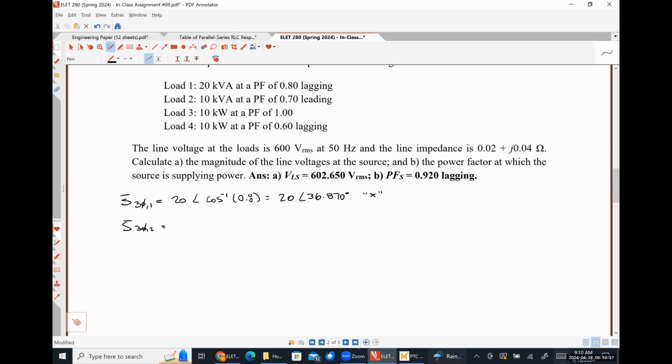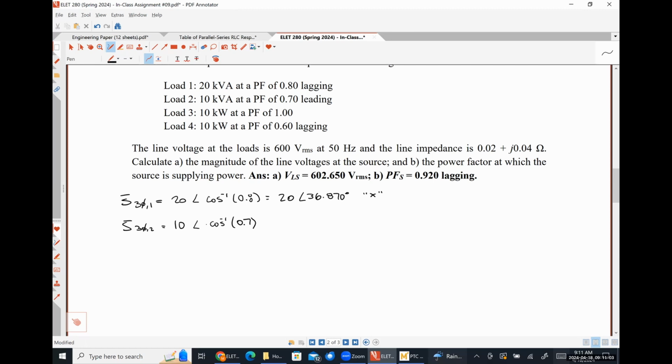How do I find the complex power absorbed by load 2? Same way. There's a little bit of a hiccup here, but we'll sort that out in a moment. So 10 angle inverse cosine of 0.7. How do I take into account that the power factor of load 2 is leading?